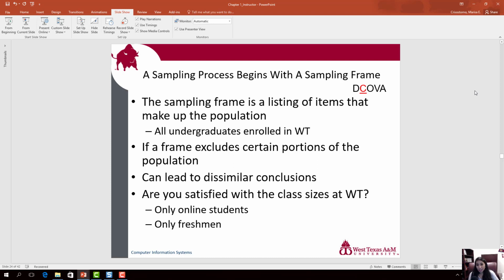So for example, if I wanted to know whether all undergraduates enrolled in WT are satisfied with the class sizes at WT, and my sampling frame only consisted of online students, that might give me a different conclusion, right? Online students don't really see the impact of class size.